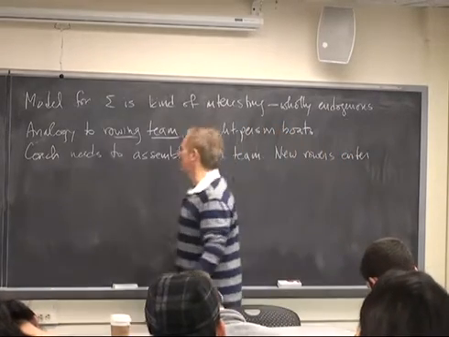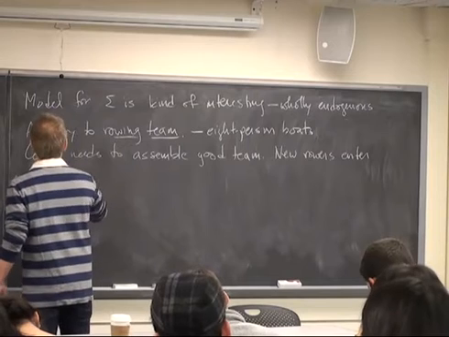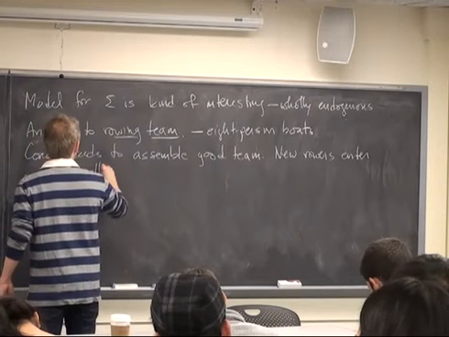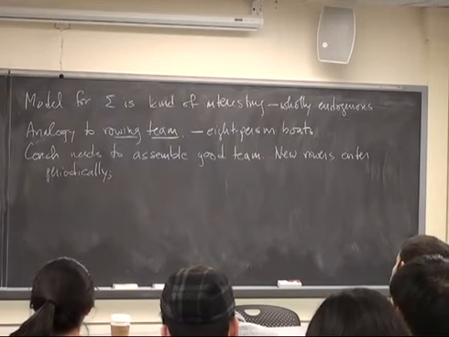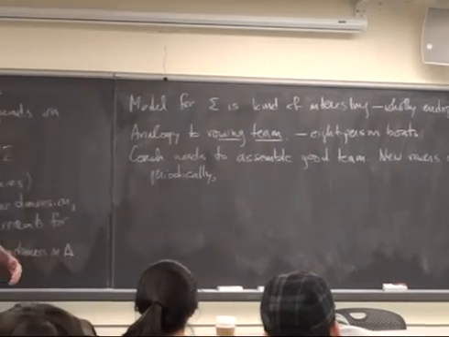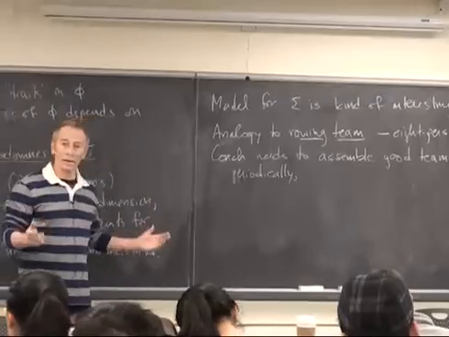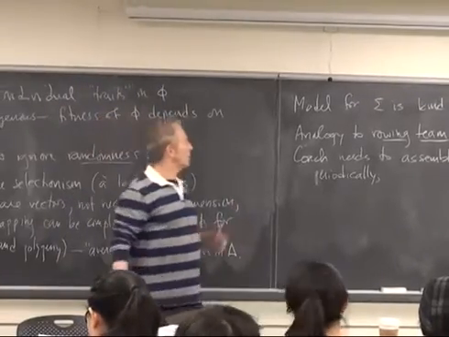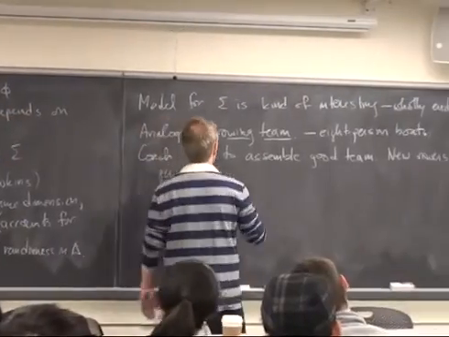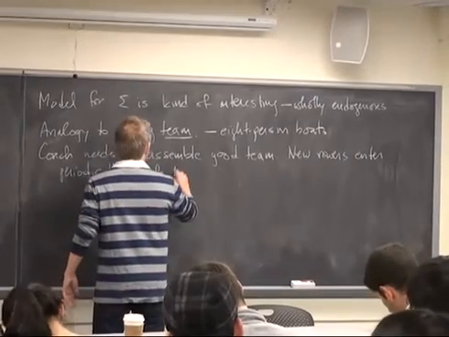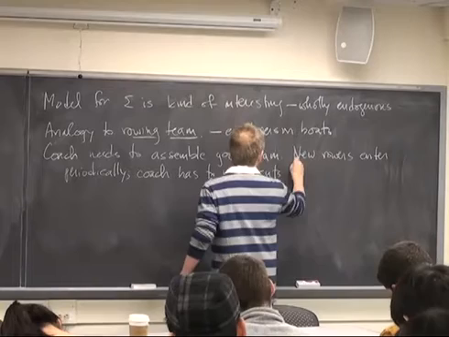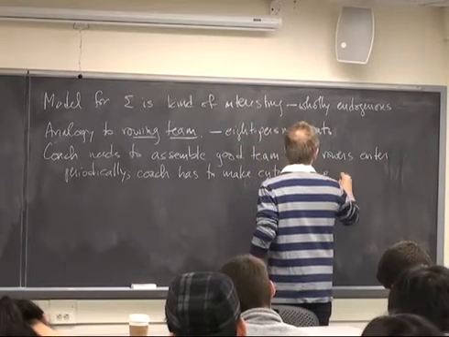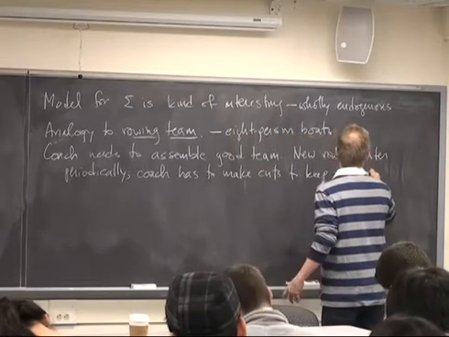And you can think of this as, say, mutation occurs. And what the coach has to do, because he only has space for maybe 50 people on the team, or I guess it ought to be a multiple of 8 or 9, so say 63 people on the team, the coach has to cut some people. So the coach has to make cuts to keep the team small-ish.